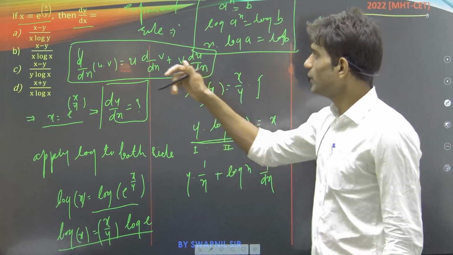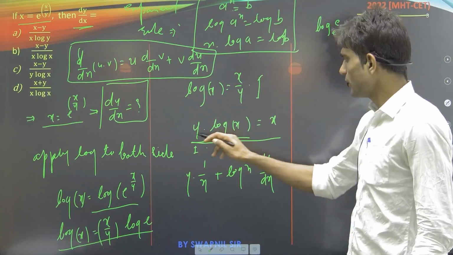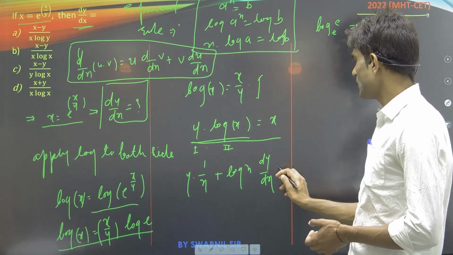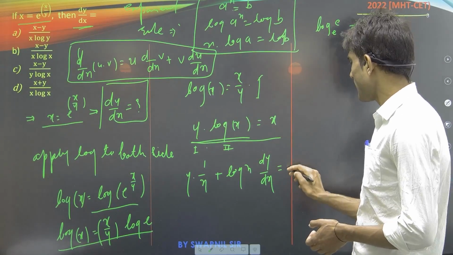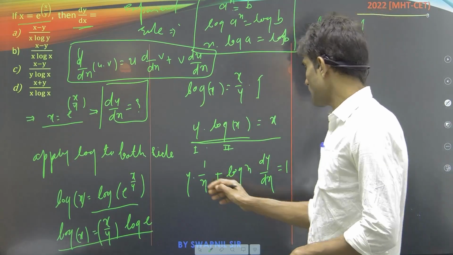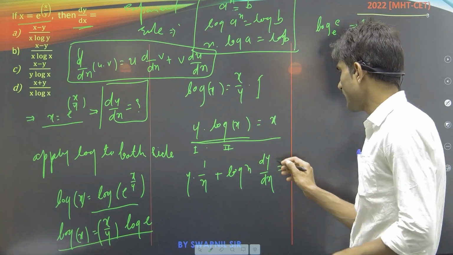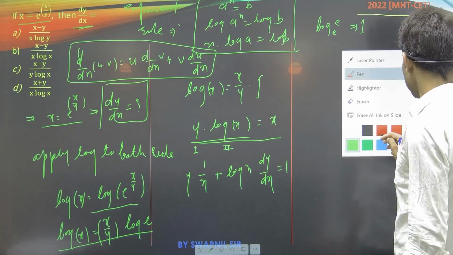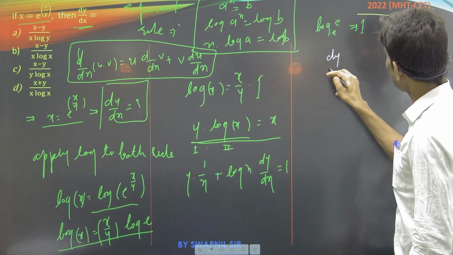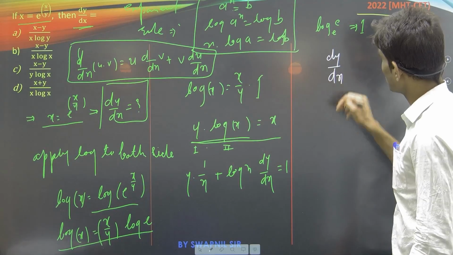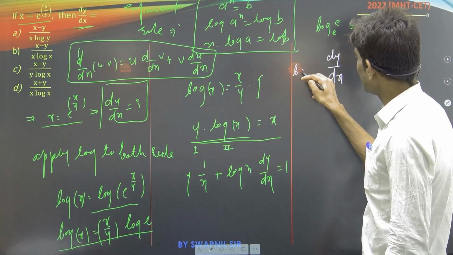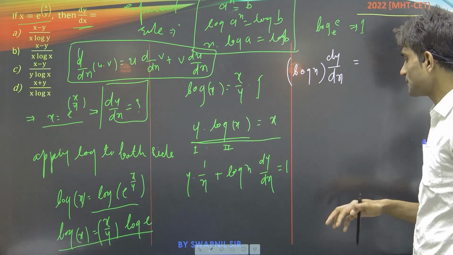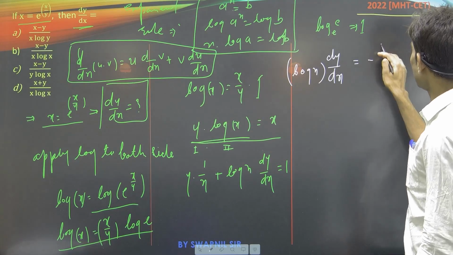As we want the value of dy by dx, we have to take the differentiation of y with respect to x, which is dy by dx, equal to differentiation of x which goes to 1. Now take the remaining term to the other side and keep dy by dx on one side. So next step, it gives us log x into dy by dx which is equal to minus of y divided by x.